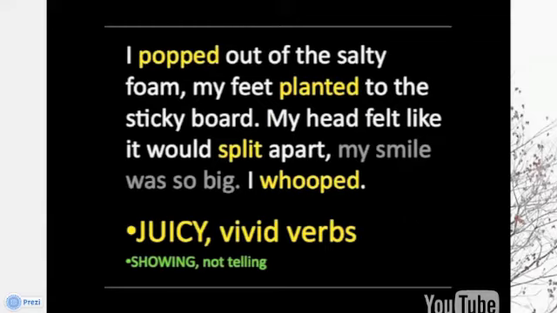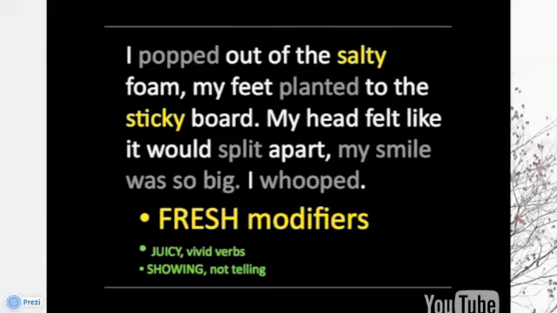Now, remember the verb choice is the most important. Consider these: popped, planted, split, and whooped. All of these are juicy, vivid verbs because they have imagery attached. There's sight imagery, sound imagery, and even touch that are associated with those verbs, and that carries the notion of description. Also, when I use modifiers, adjectives, and adverbs, I'm going to do that sparingly, but I want them to have impact.